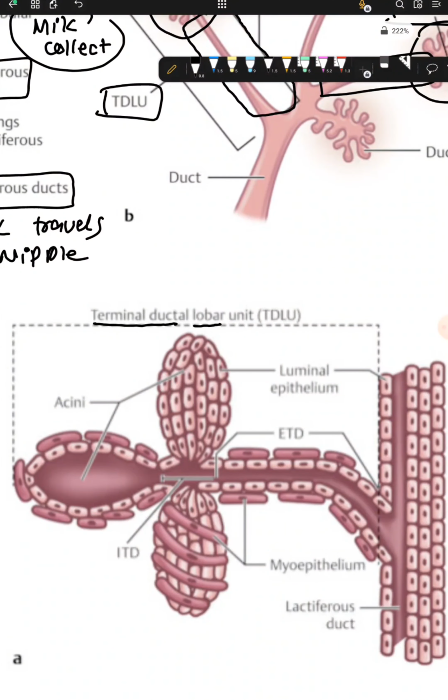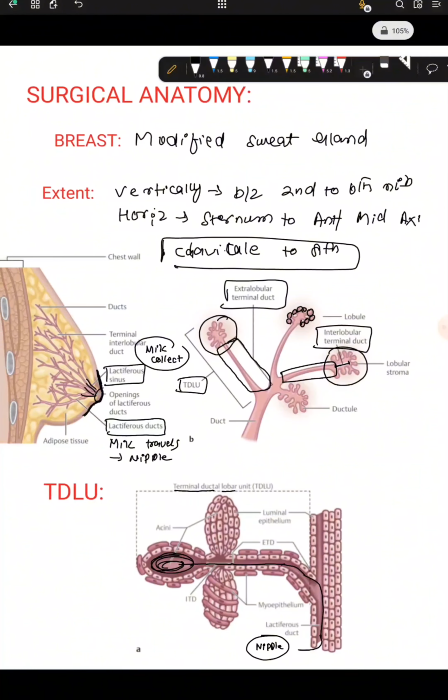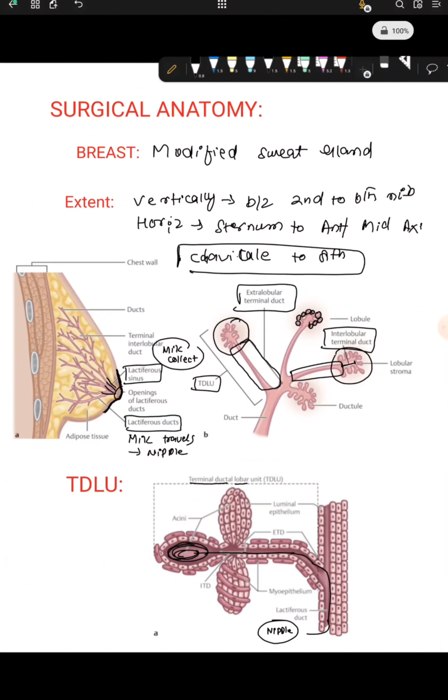If you see this picture, this is the acini, and it travels toward the intralobular terminal duct, toward the extralobular terminal duct. Through the extralobular terminal duct it drains into the lactiferous duct, and from the lactiferous duct it goes toward the nipple, right? Hopefully you are clear on that point of the surgical anatomy.